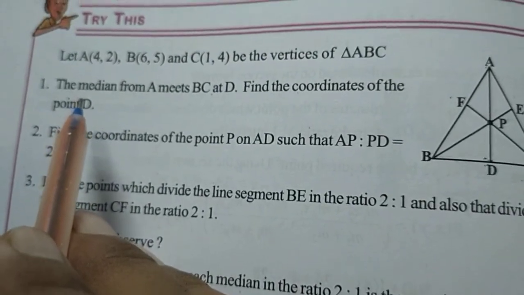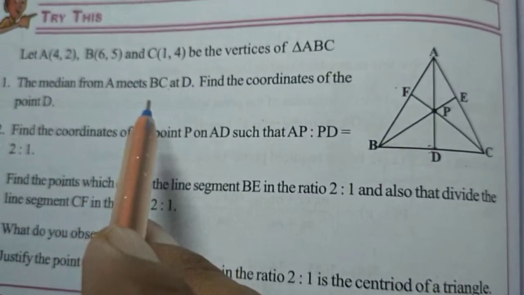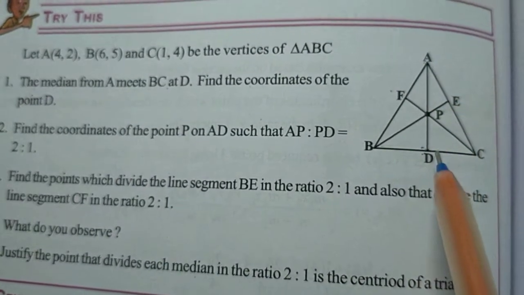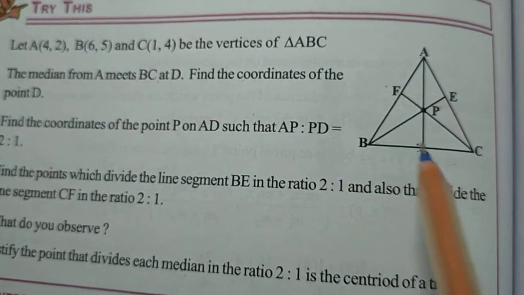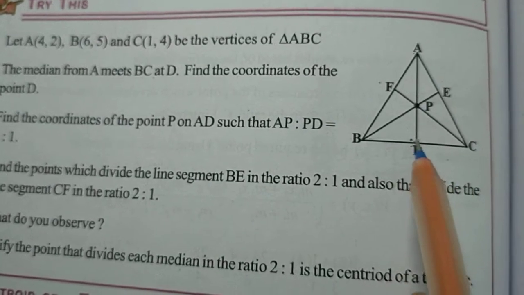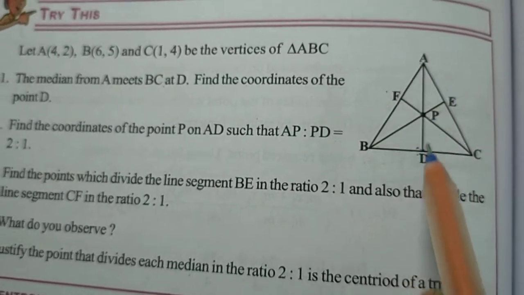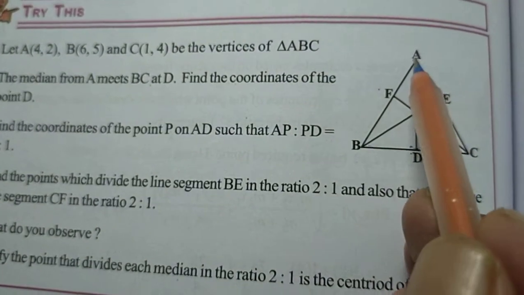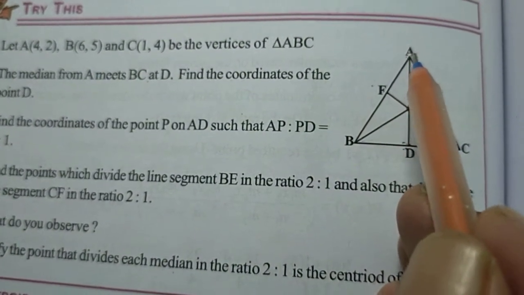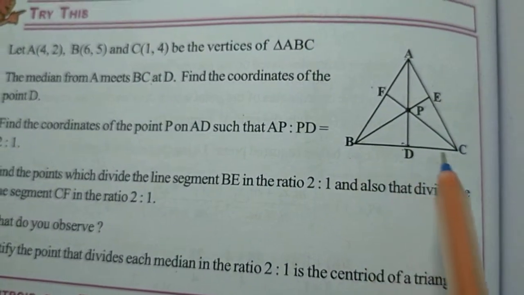First problem. The median AD from A meets BC at D. AD is the median: a line drawn from the vertex to the midpoint of the opposite side.